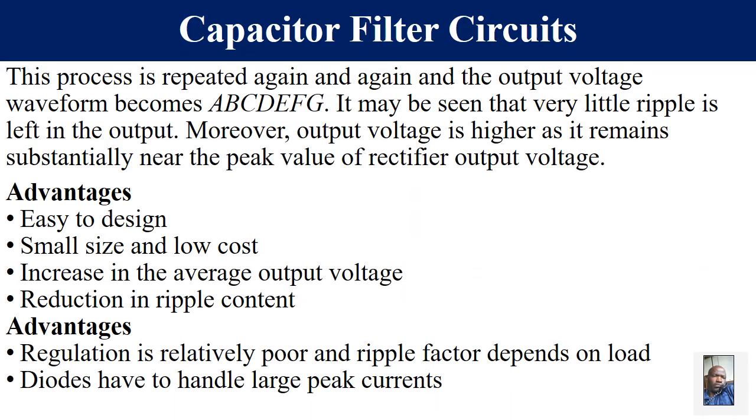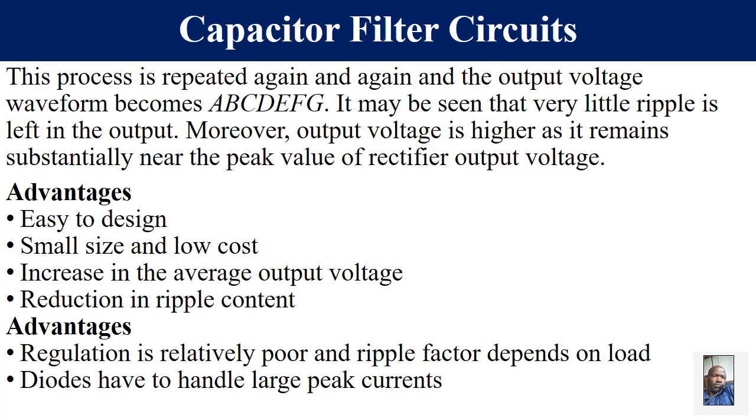Because the input voltage to the capacitor is pulsating, in other words, it is rising and decreasing, rising and decreasing. It means also the voltage across the capacitor will be rising, but it will not decrease very much until it starts to be charged again by the pulsating DC.